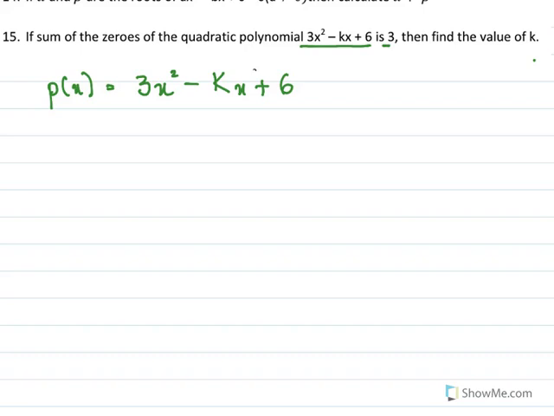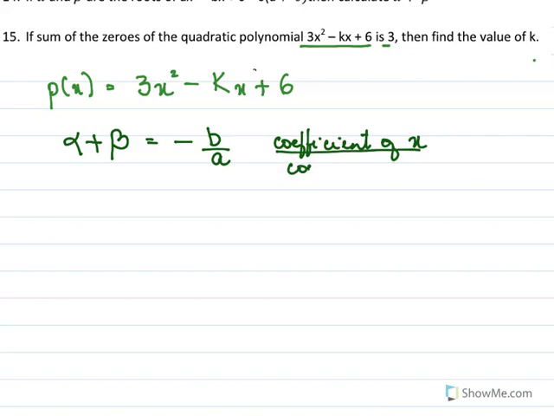So which means alpha plus beta, we know, is minus b by a. However, in the exam, you need to write like this. It's the coefficient of x over coefficient of x square, minus.